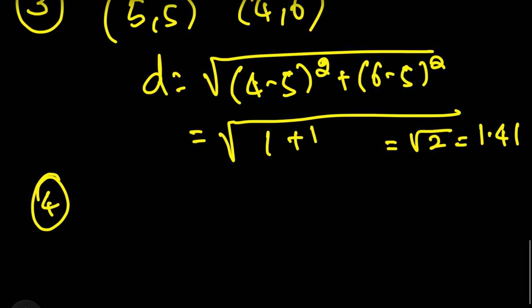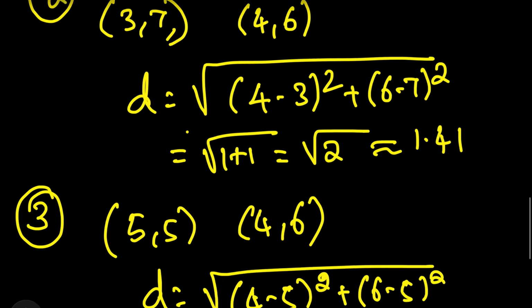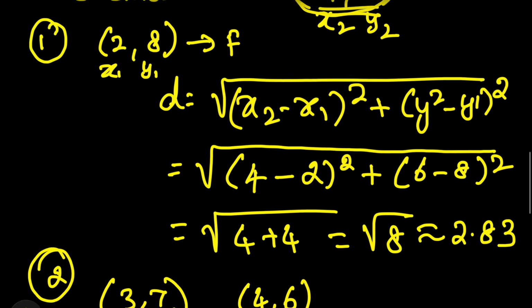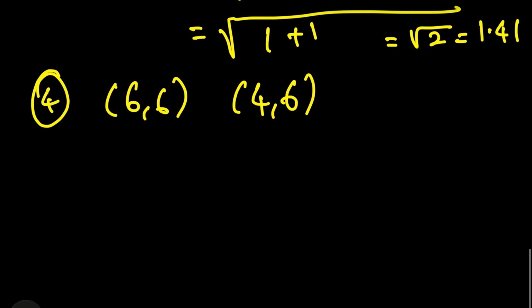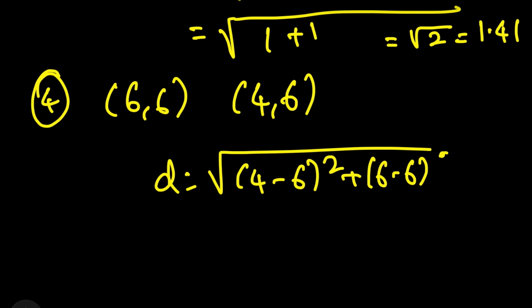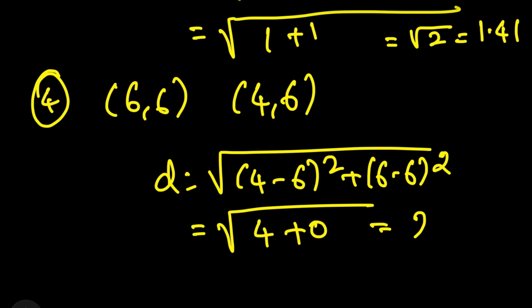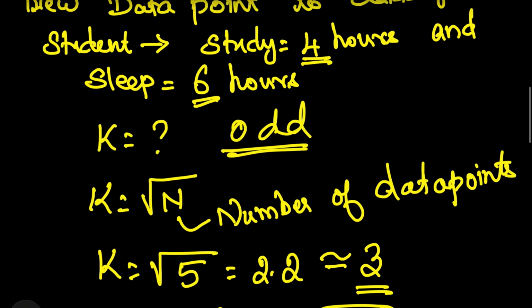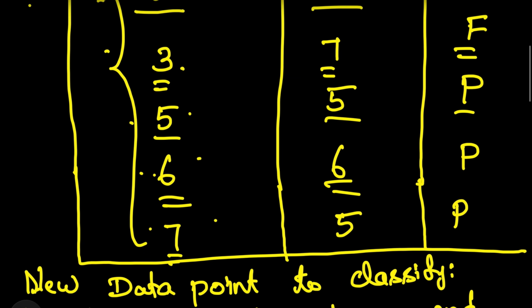And let me take the fourth sample, 6, 6, and the new sample 4, 6. What is the distance now? 4 minus 6 the whole square plus 6 minus 6 the whole square. Now I'll get 4 plus 0, which gives root of 4, that is 2. Similarly for the fifth sample. What is the fifth sample I have? It is 7 and 5, right?